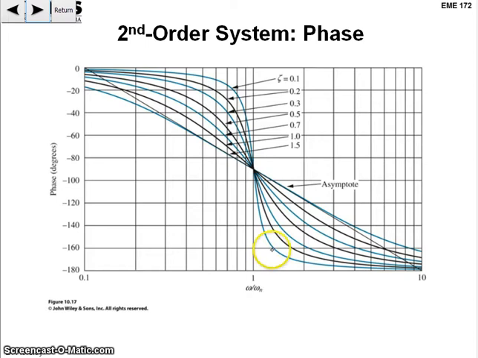They're showing here that we could draw a line like we did for the first order system: a line at 0 degrees 10 times below omega n, and at minus 180 degrees 10 times above omega n, would be our asymptote. But that asymptote is really only correct when zeta is 1 or larger.